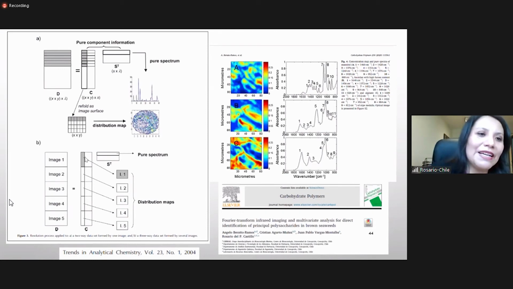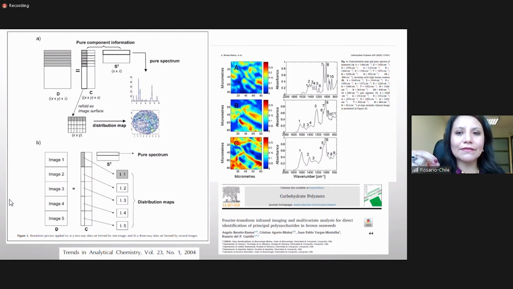So this is the application of this method. I have my matrix D and I decompose the components, but now I will apply this not only to a set of spectra, but to a set of spectra from imaging. I will scan my sample with an array of little detectors, like CCD detectors.